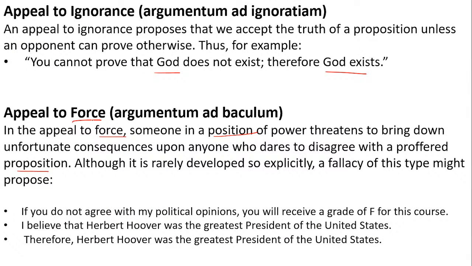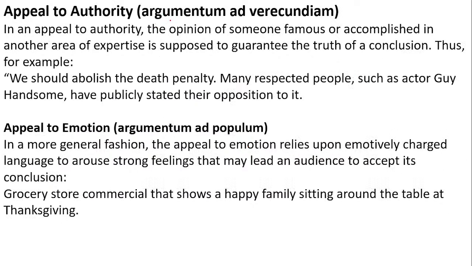Then another fallacy is appeal to authority. So appeal to authority is called argumentum ad verecundiam. So here in this fallacy, what you do is, if some famous person has given some statement, you accept it or you believe in it.